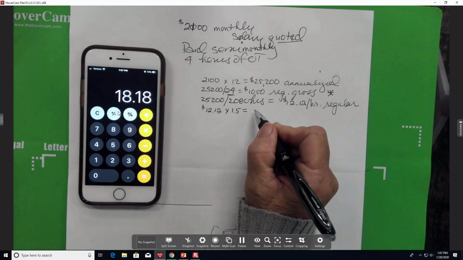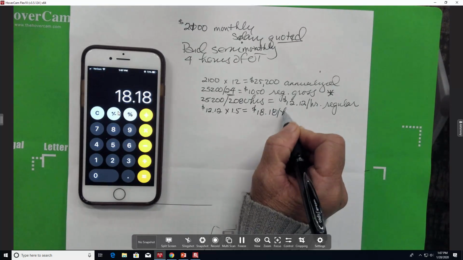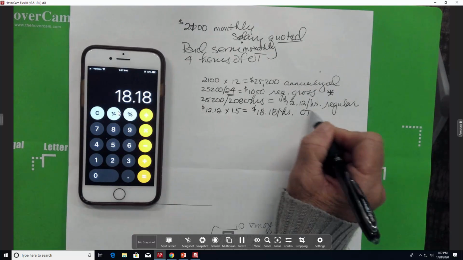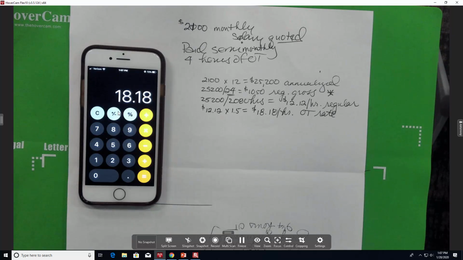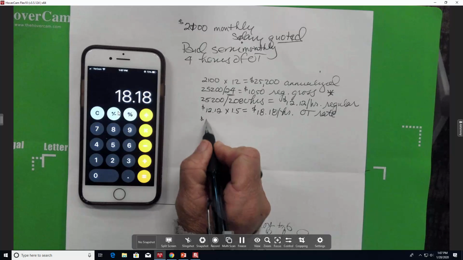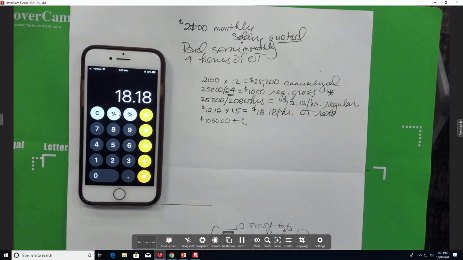So what am I labeling this 18.18? Overtime rate. Right? Then the check itself is going to be $1,050 plus what?